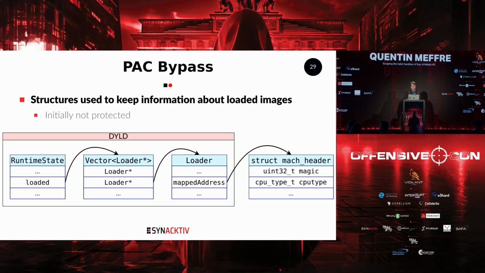Internally, DYLD uses several sensitive structures. For example, the main structure is the runtime state, which holds a list of each loaded macho in the current process. Those loaded machos are represented using the loader structure, which has a mapped address field, and this field points to the virtual address of the macho mapped into memory.